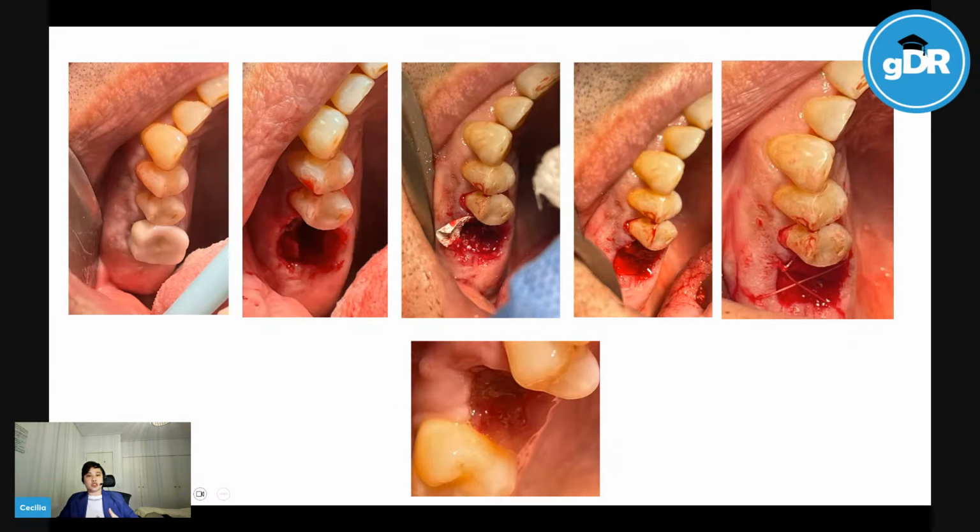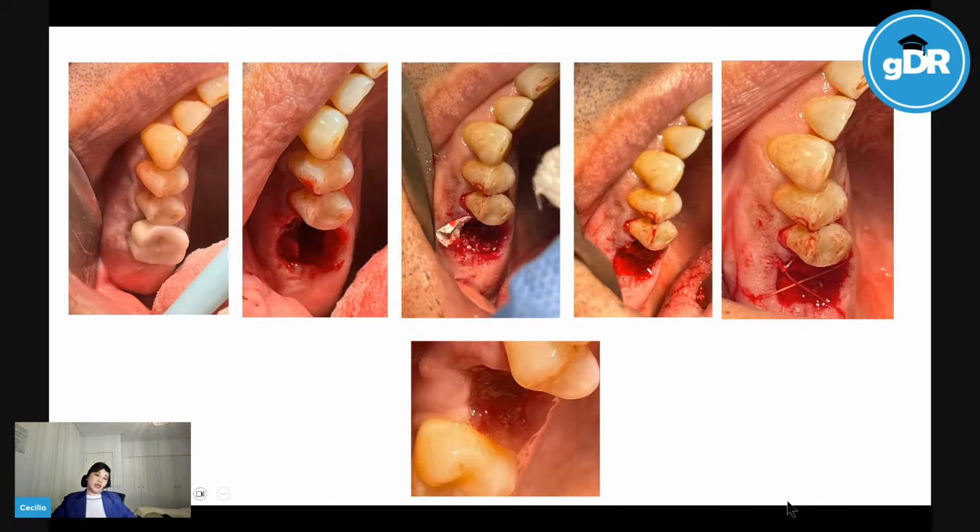Okay, so you basically stop helping the body to lose the width, both bucco-palatal width as well as vertical width, to prevent that atrophy. So in that case, it makes your implant placement more simple. Okay, so remember, simple, advanced, complex. Remember, our patients prefer simple treatment rather than complex treatment.